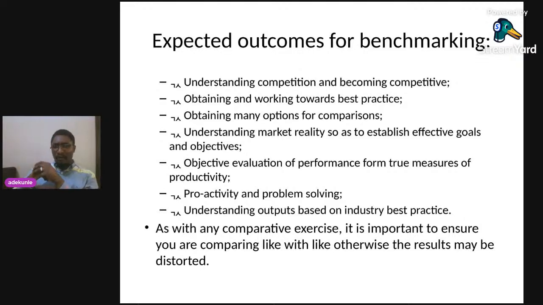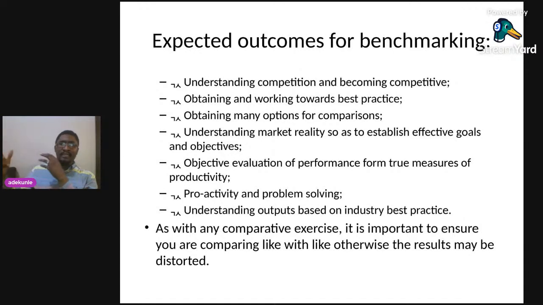Some of the expected outcomes include understanding competition and becoming competitive, obtaining and working towards a best practice, obtaining many options for comparison when you're benchmarking, understanding the market reality, and finding a way to establish effective goals and objectives.